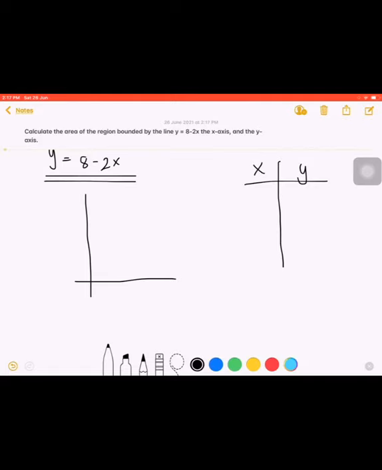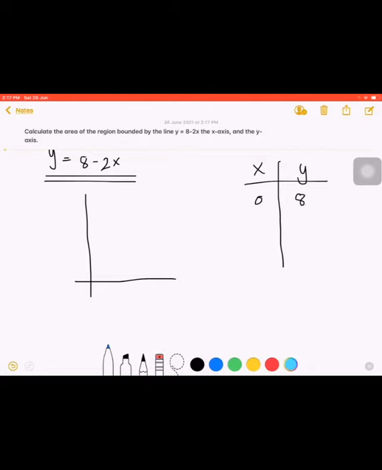If we replace x with 0, then y is equal to 8 minus 2 times 0. So 2 times 0 is 0, and 8 minus 0 is basically 8.